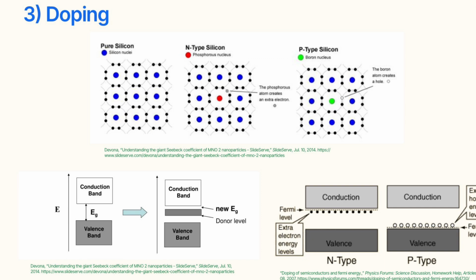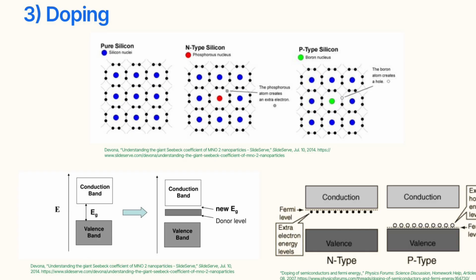Now, if we were to instead replace a silicon atom with a boron atom, then the highest occupied energy band would be missing an electron and would have a hole in its place. This hole is able to be switched with an electron in lower energy levels, moving the electron up to higher energy levels using a lower amount of energy.